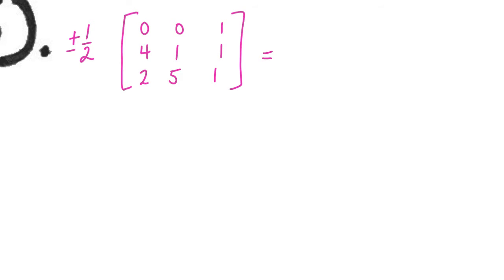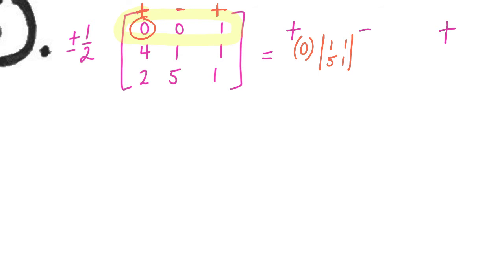So let's dive in here. We're just going to use the first row here. And just like our minors and cofactors, we are going to assign a positive, minus, positive. So remember this was plus, minus, plus. And the first thing we're going to do is take the first number, 0, and multiply it by the determinant, 1, 1, 5, 1. And I'll deal with that later.